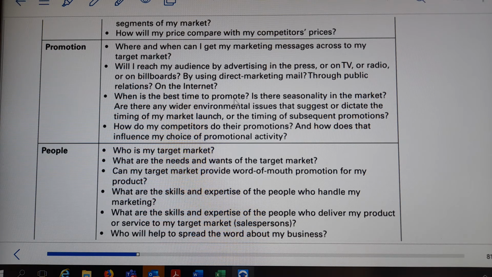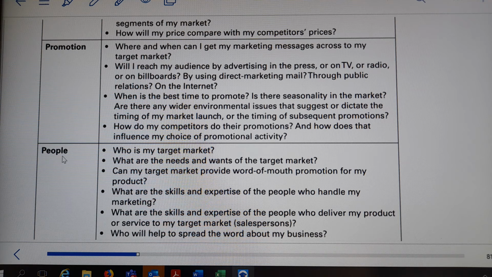When is the best time to promote? Is there seasonality in the market? Are there any wider environmental issues that suggest or dictate timing of my market launch or the timing of subsequent promotion? How do my competitors do their promotions? And how does that influence my choice of promotional activity?